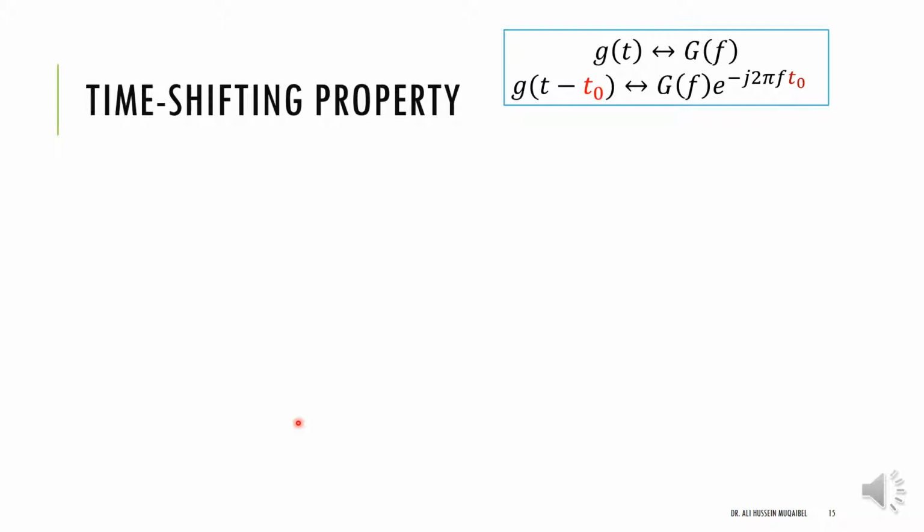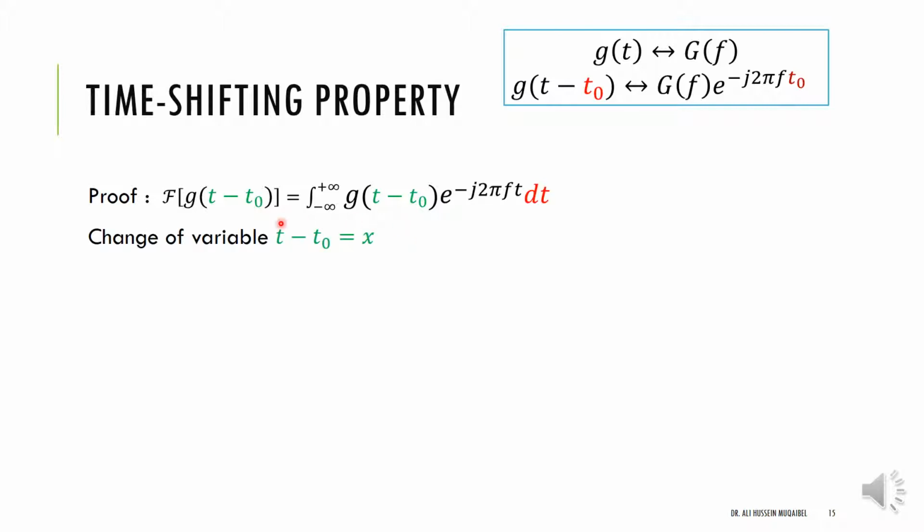Other properties include the time shifting property, the delay factor. Delaying in time results in multiplying by an exponential, or phase change. We can prove this by applying the Fourier transform equation and then doing a change of variable. If we change the variable, you will find out that you get back to the Fourier transform but with a different exponent.